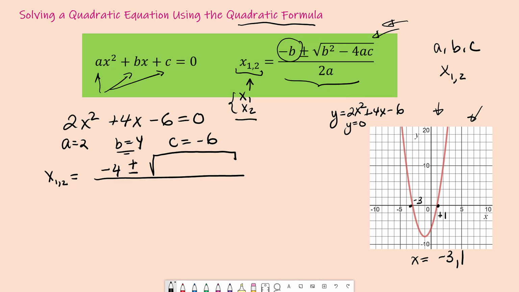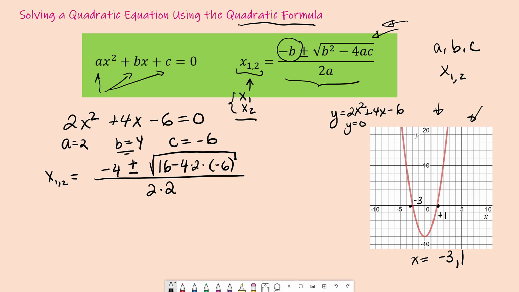Then we have a square root. We have b squared. Our b is 4, so we can write immediately 16. And then we have minus 4 times a. Our a is 2 times our c, which is negative 6. All this we divide by 2 times a, which is 2, so that'll be 4.